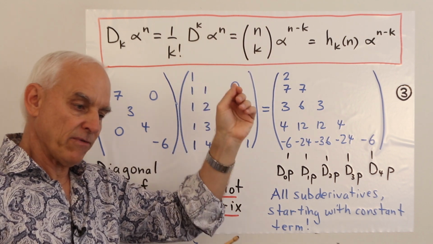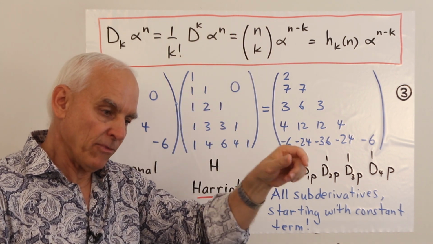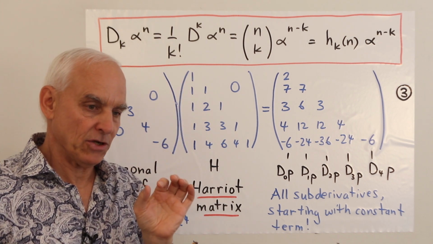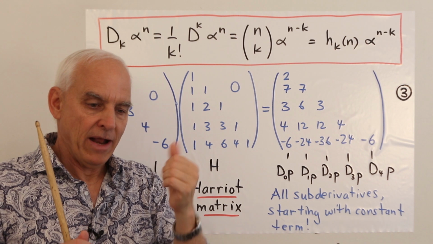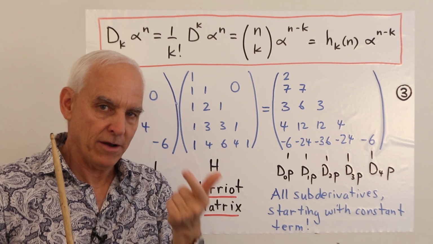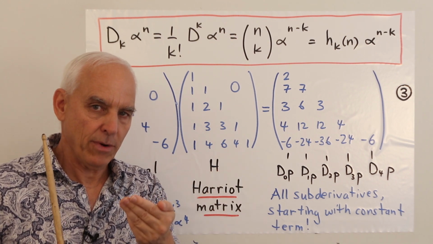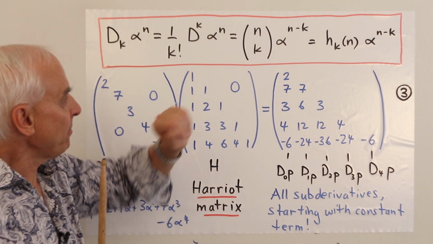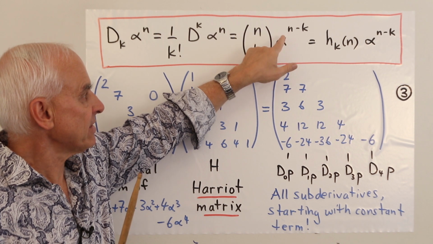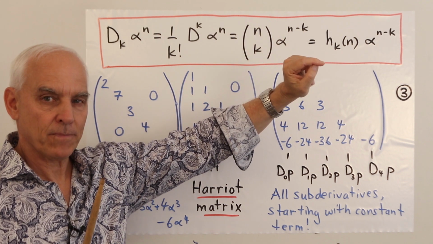The next time you differentiate it, the n minus 1 comes down and the exponent lowers to n minus 2. After you've done it k times, you will have a factor n times n minus 1 times n minus 2 down to n minus k plus 1. And the power of alpha that remains is n minus k.